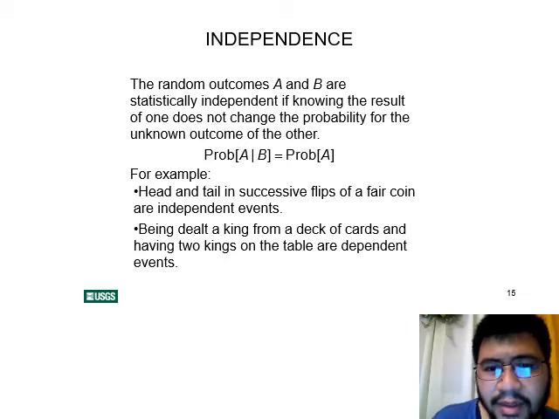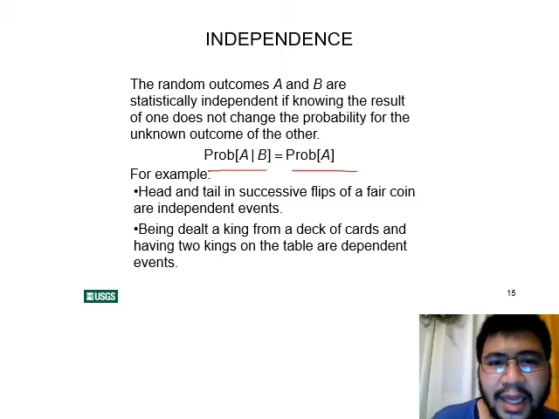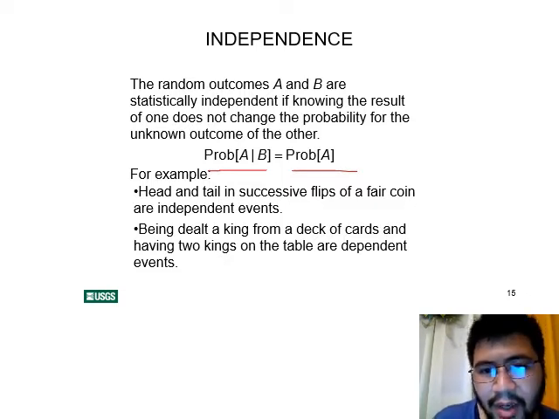So we have two probability expressions here. This one is the probability that A will occur given that event B has occurred. On the right side here is the probability of event A occurring.